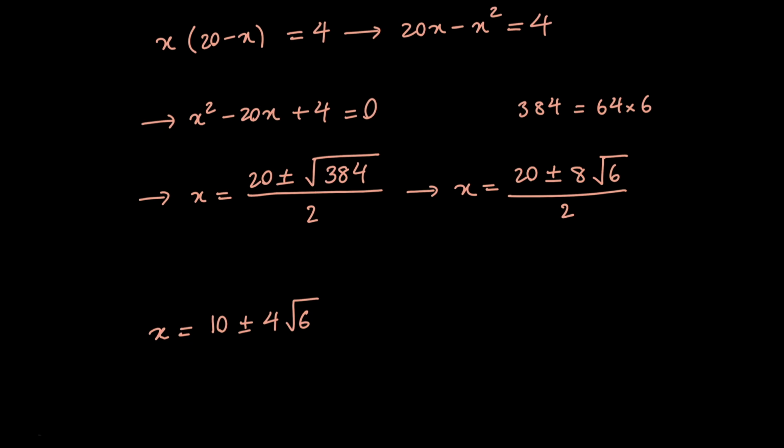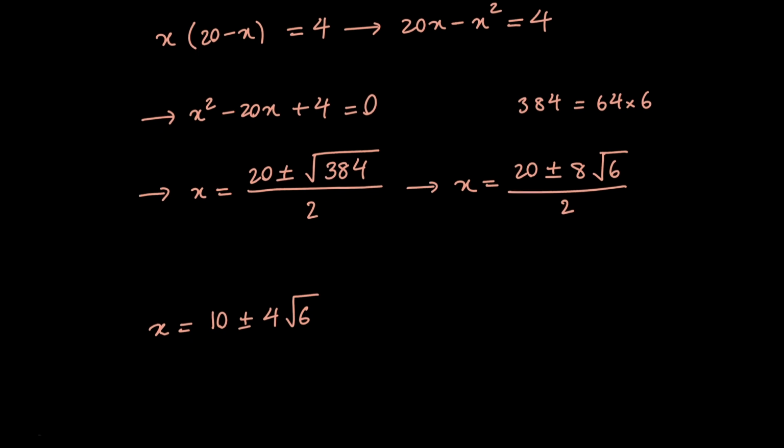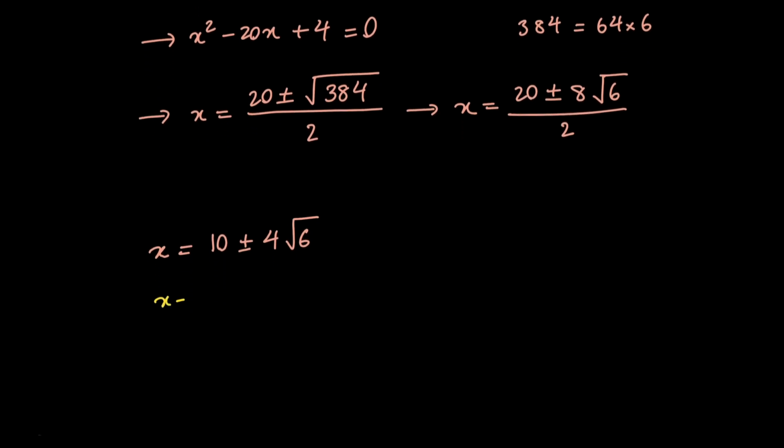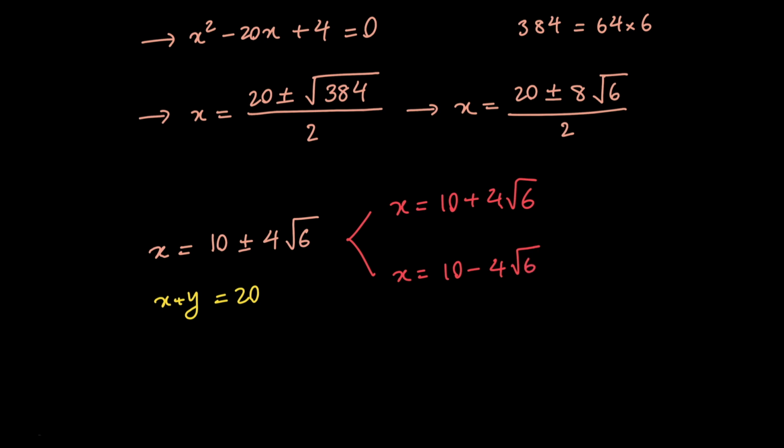Now we need to use these x values to solve for y values. So remember that x plus y is equal to 20. Let's use these two to solve for y. So we have two scenarios. Either x is equal to 10 plus 4 times root 6, or x is 10 minus 4 times root 6.